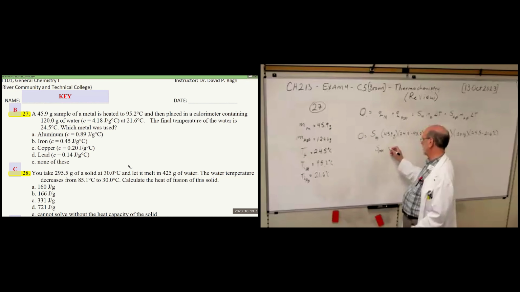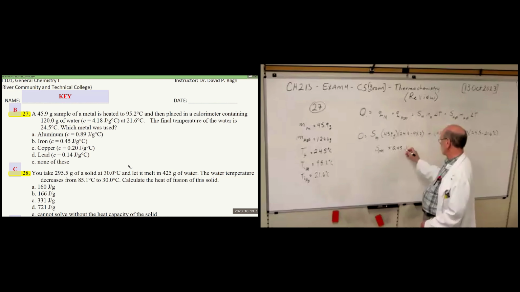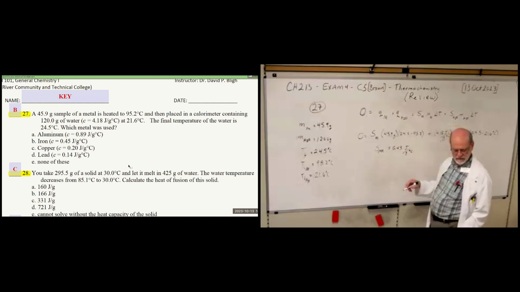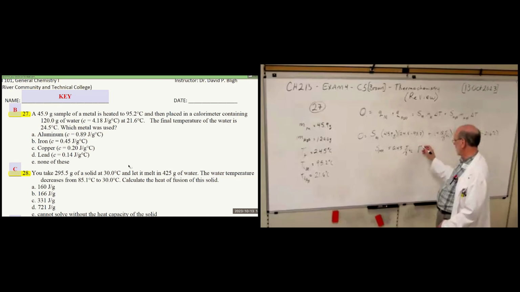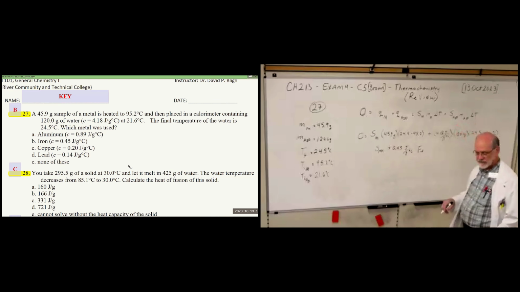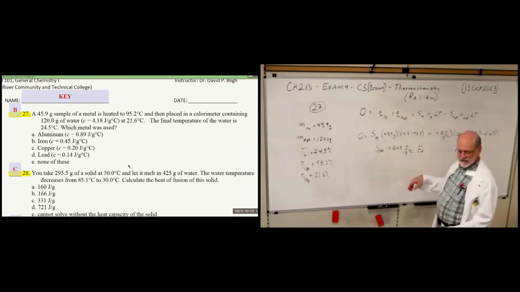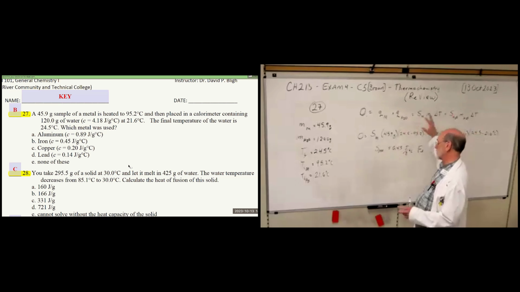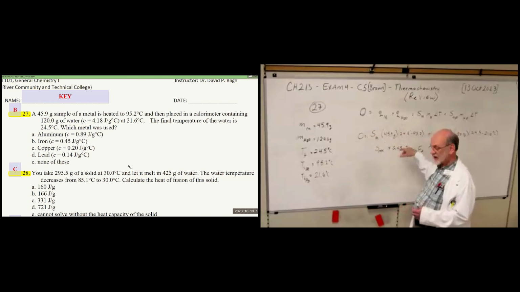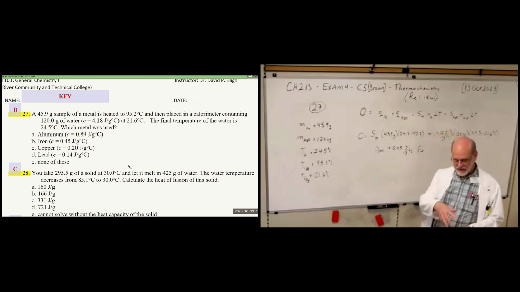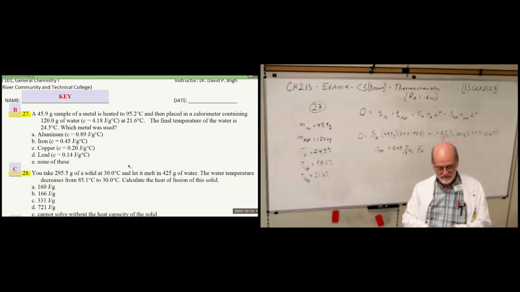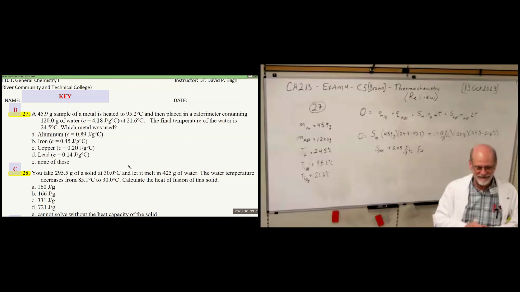I'm just saving time. 0.45 joules per gram degree C, which is iron. So if I gave you a question like this and I change the parameters, you'd be able to calculate that and determine out of that list which one is which. I hope so.